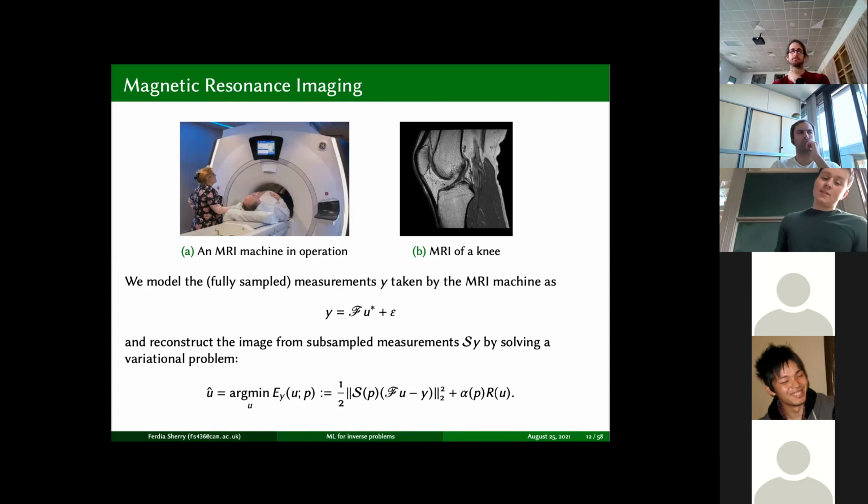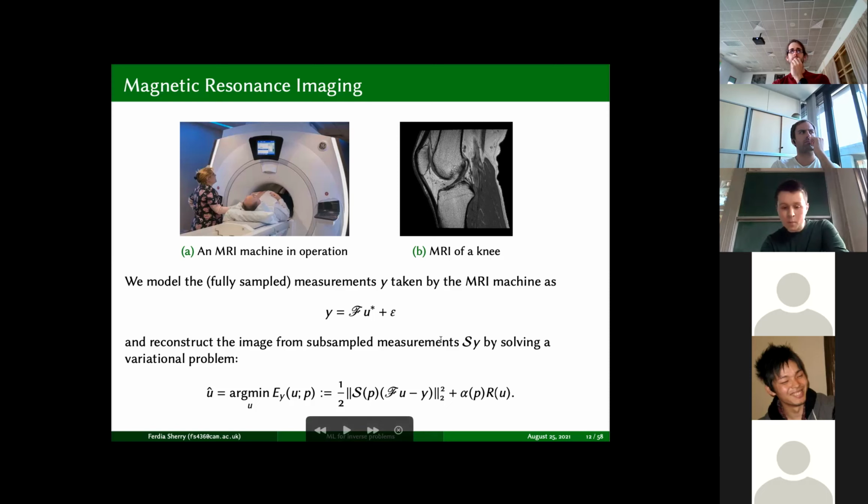Very roughly speaking, the more samples you acquire, the more time it takes to do the measurements, and you want to minimize the time that a patient has to spend in the machine. So it's natural to ask for as sparse a sampling pattern as possible while getting a good reconstruction.